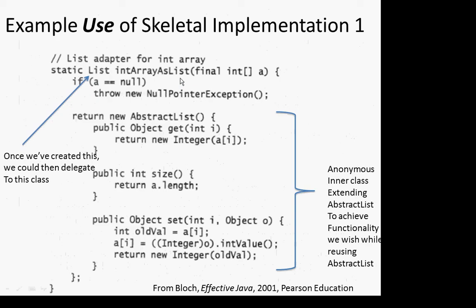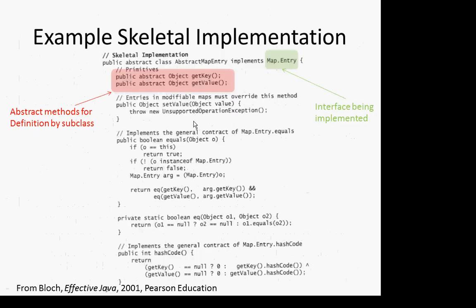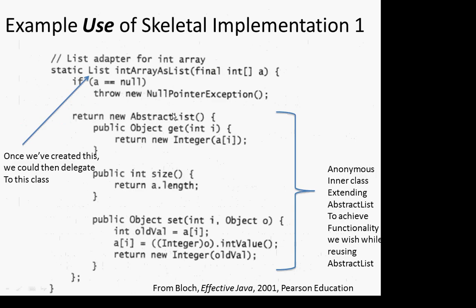This is one example of using this. We might have a bit of code which creates a new abstract list, or abstract map entry here, but abstract list would be another example of this. And you'll notice what it's doing here. Can anyone tell me what this is doing?